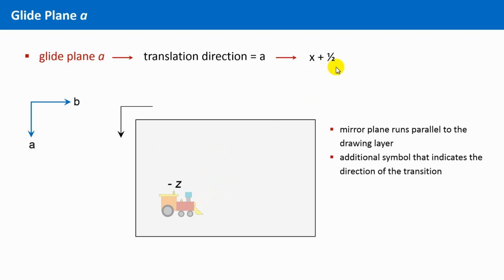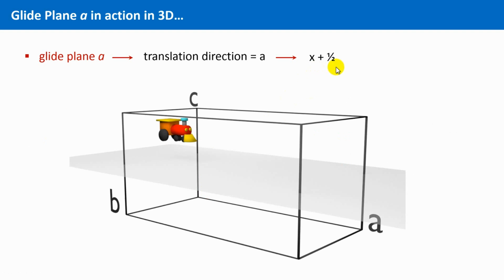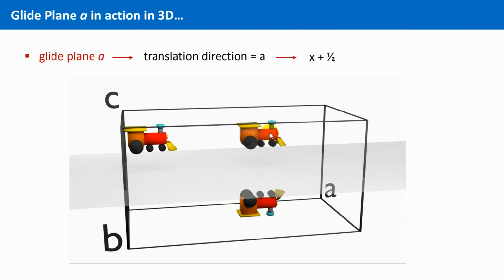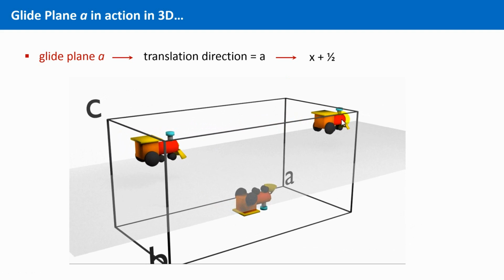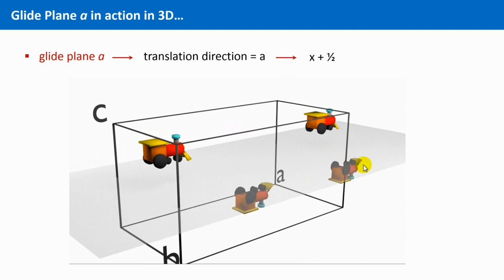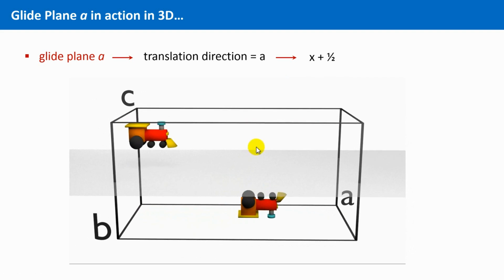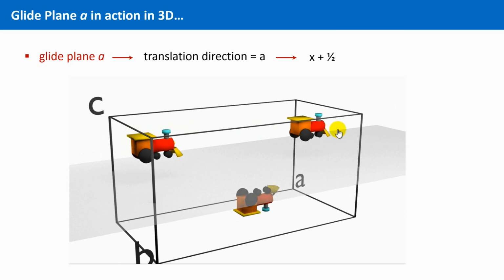As a two-dimensional drawing is always limited in terms of clearness, Michael was so kind to create a 3D animation of it. Let's look at this small animation. Starting with this locomotive, it is first reflected at this plane, then translated along the A direction, mirrored again, translation again, and so forth. Once again, mirroring, translation, mirroring, and translation.